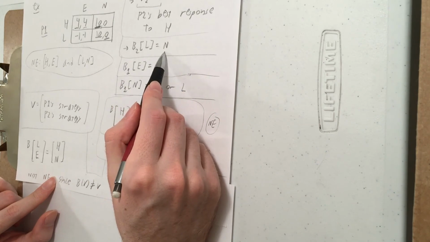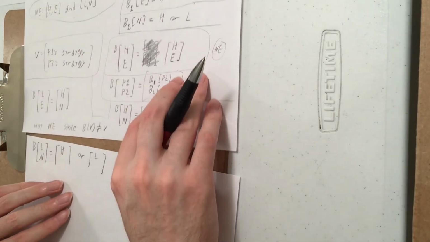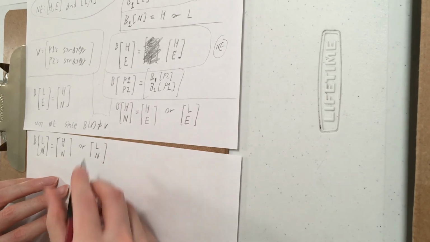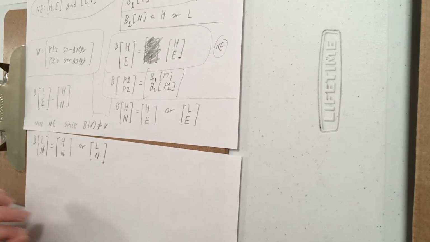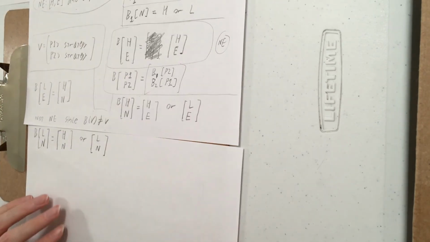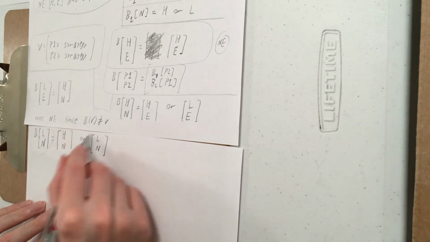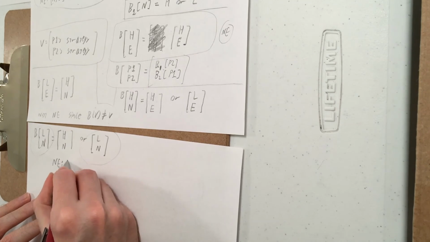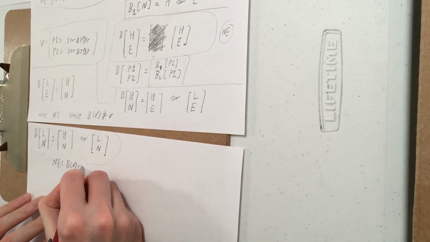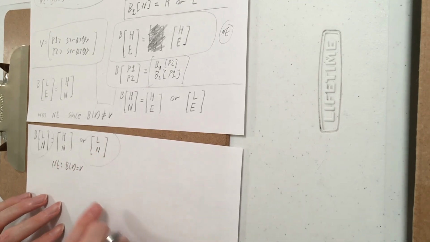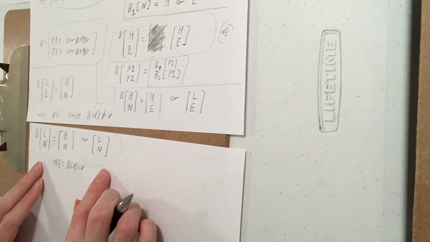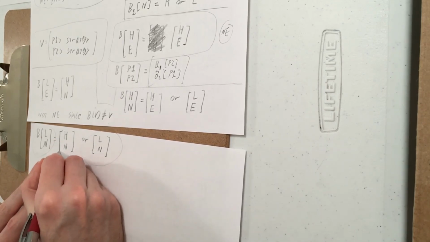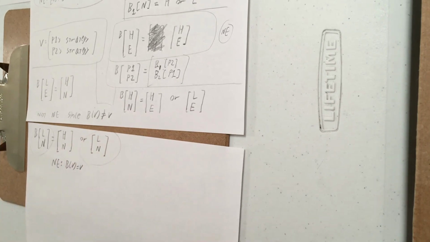They want to play N. So here we do have a Nash equilibrium because here B of V is V. If you have multiple options here, it's okay as long as one of them has B of V equals V. It's still a Nash equilibrium.